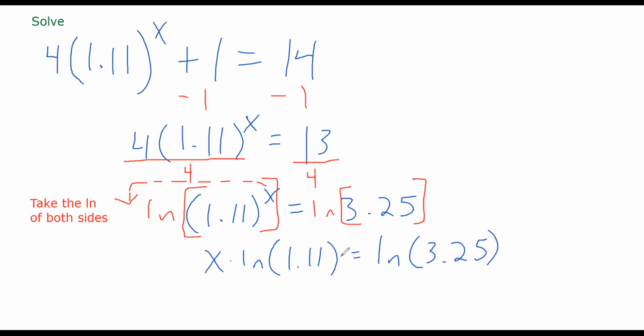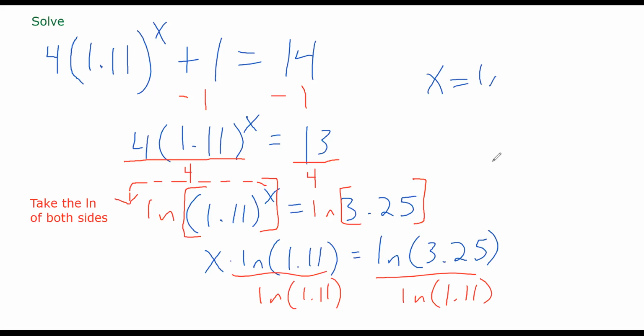So I'm going to divide both sides by the natural log of 1.11. And so what I'm going to end up with is x equals the natural log of 3.25 divided by the natural log of 1.11.